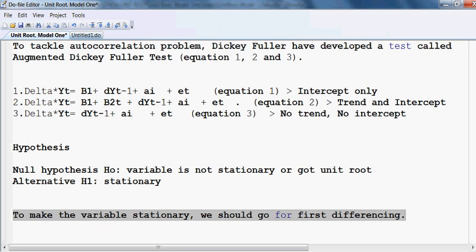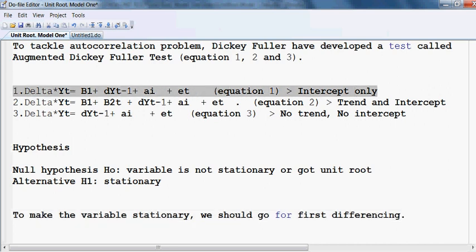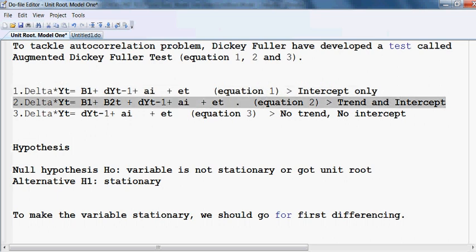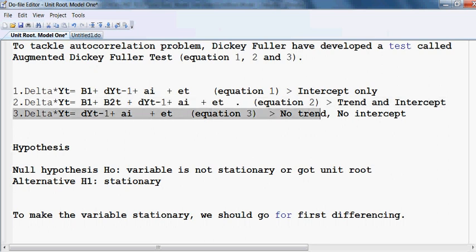Those three are like this. The first one is Intercept, the second one is Trend and Intercept, and the third one is No Trend and No Intercept. That we have already seen.